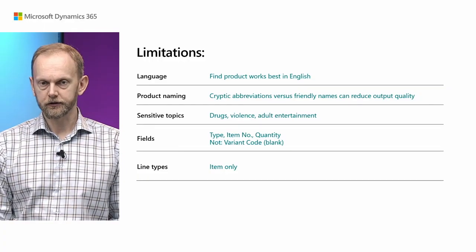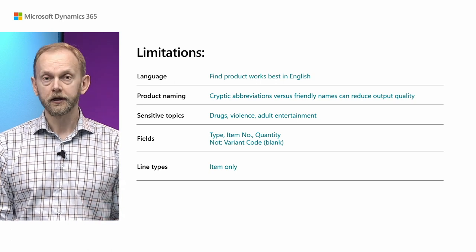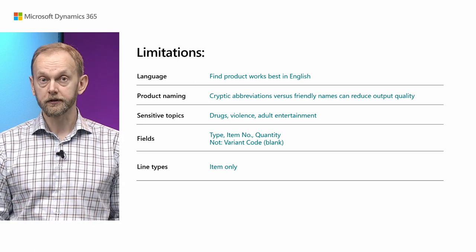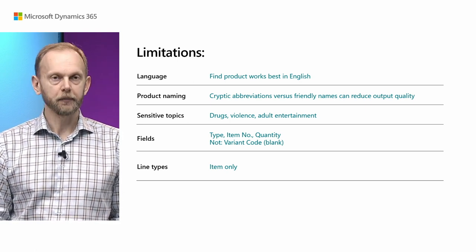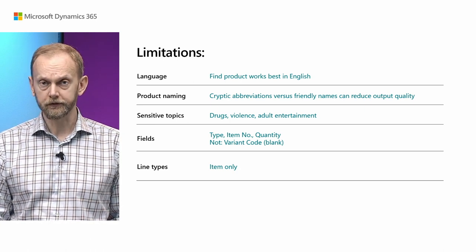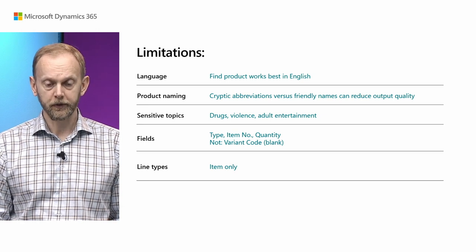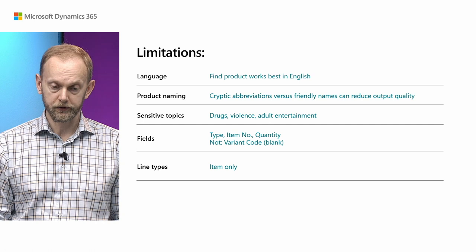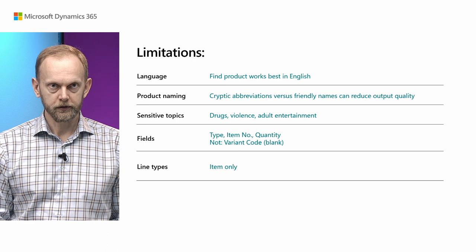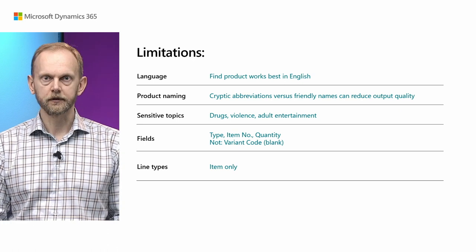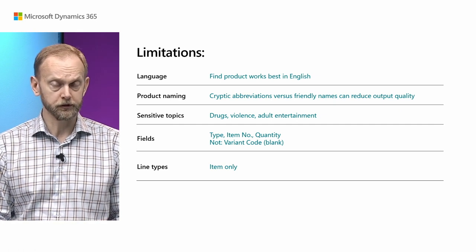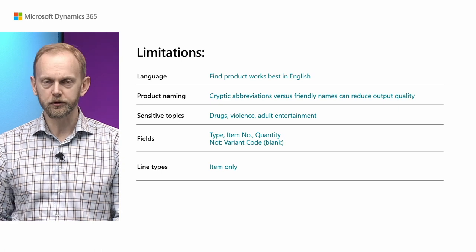What are the limitations you had better be aware of? So, as I mentioned, it is in English. And it means that we tested and we know that it works best in English. Other languages, it might work. You're free to try it, but it's not guaranteed that it will give you the best result possible. The result might be worse compared to English. Also, it's very important how your data looks. So if you use very cryptic or difficult to understand names and abbreviations in your product descriptions, it will also be difficult for Copilot to deal with them.